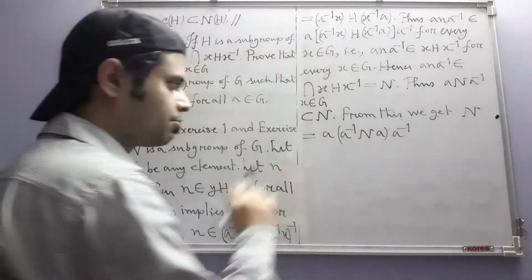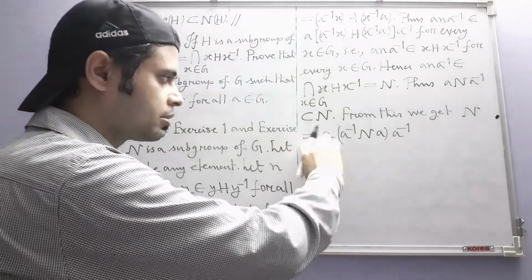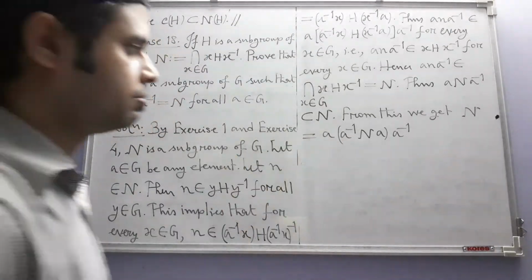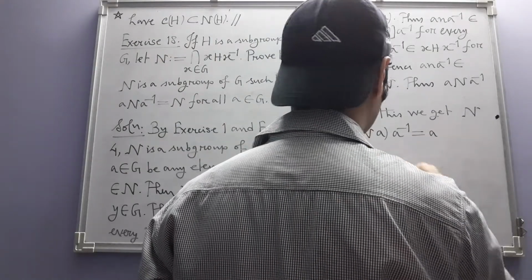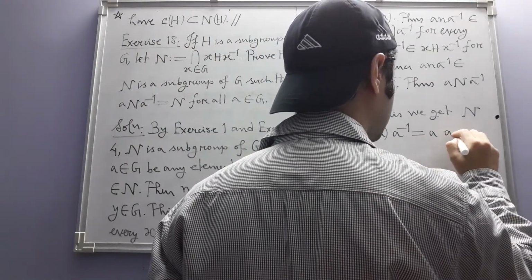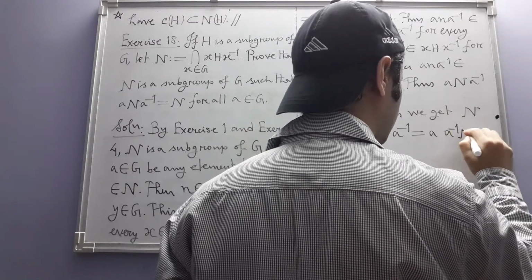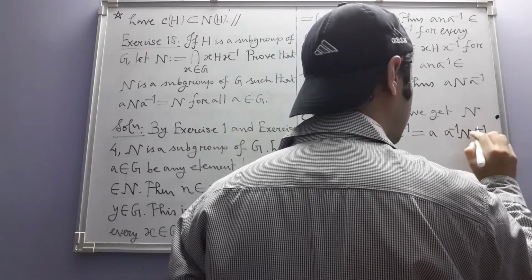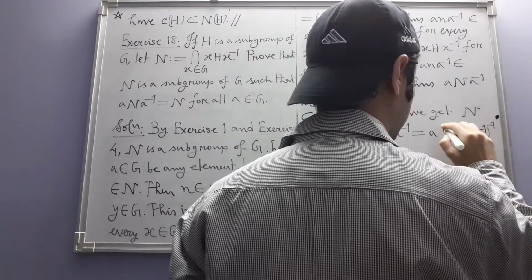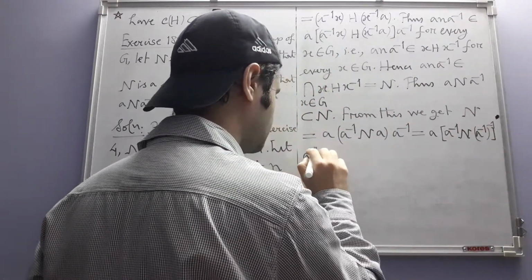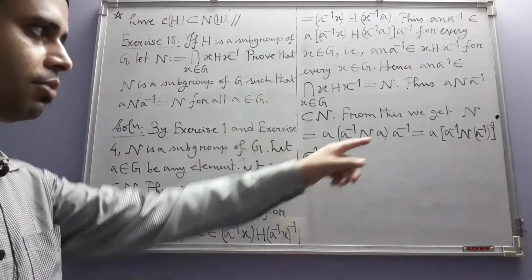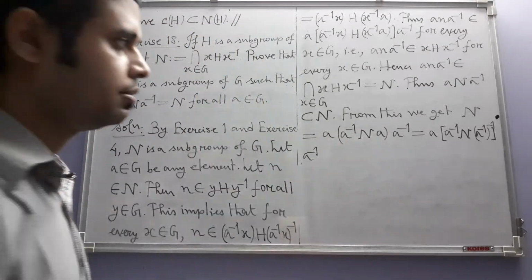Okay, there is no problem with this one. We have just switched the positions of A and A inverse. Now note carefully that this can be written as A inverse N A inverse whole inverse times A inverse, because A inverse whole inverse is equal to A.